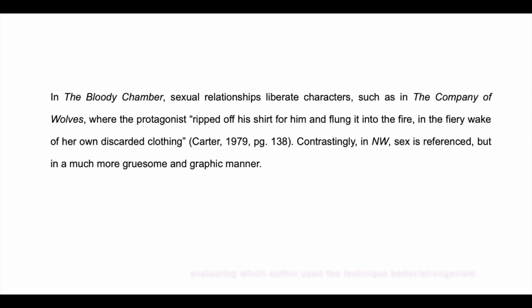So the technique there is the same. But what this particular example is doing, which I'd encourage you all to try to do, is evaluating which author does it better, stronger, alternatively weaker or less poignantly. They're evaluating how strongly each author uses the technique in question.